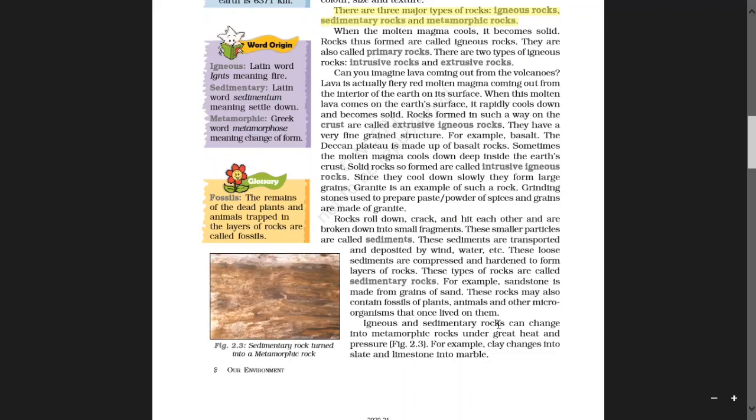Igneous and sedimentary rocks can change into metamorphic rocks under great heat and pressure.